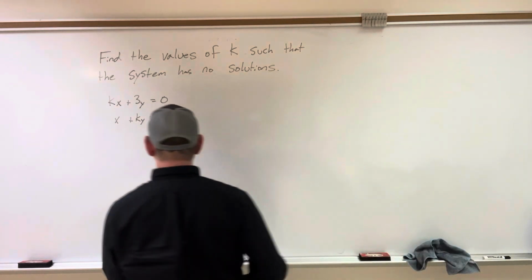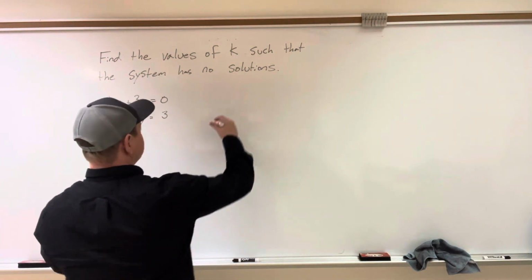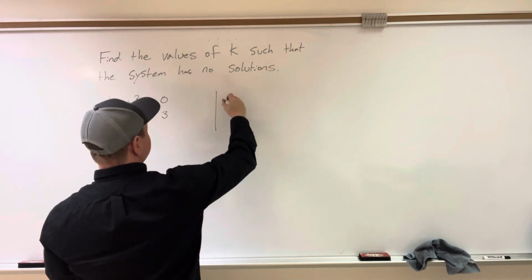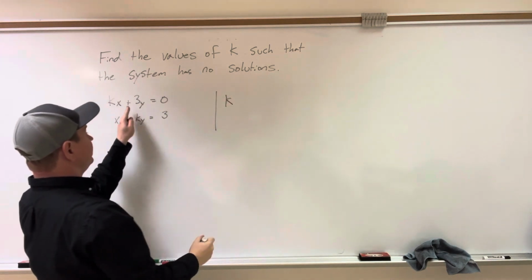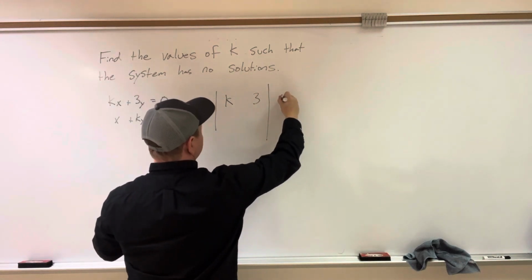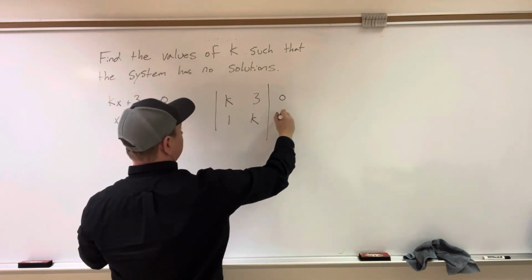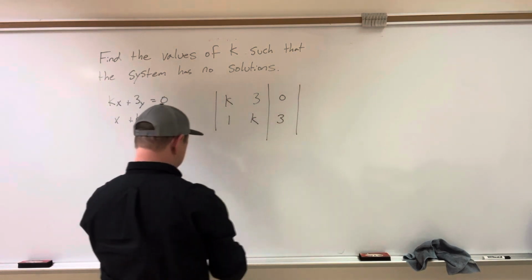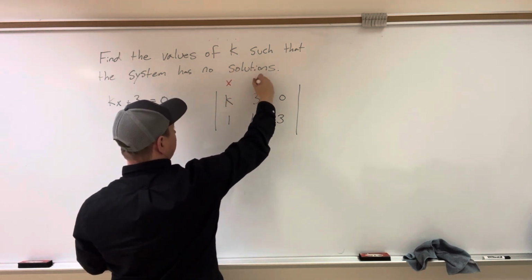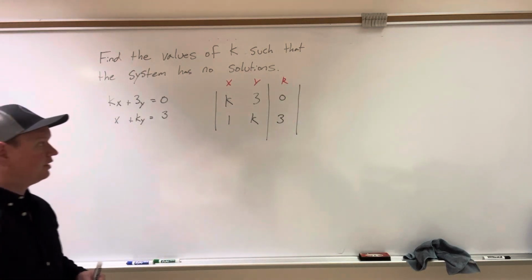So all we're doing is creating a matrix system where we place our coefficients in here, and remember that this is my x value, my y value, and my constants in this matrix.